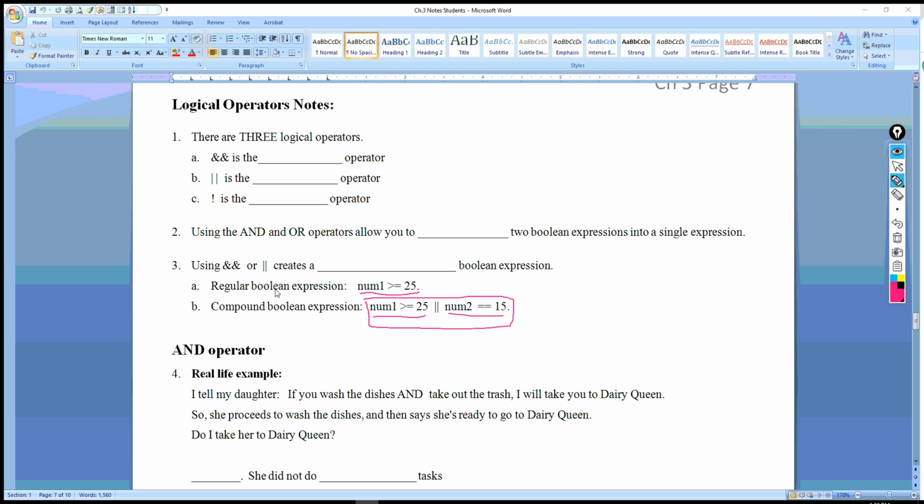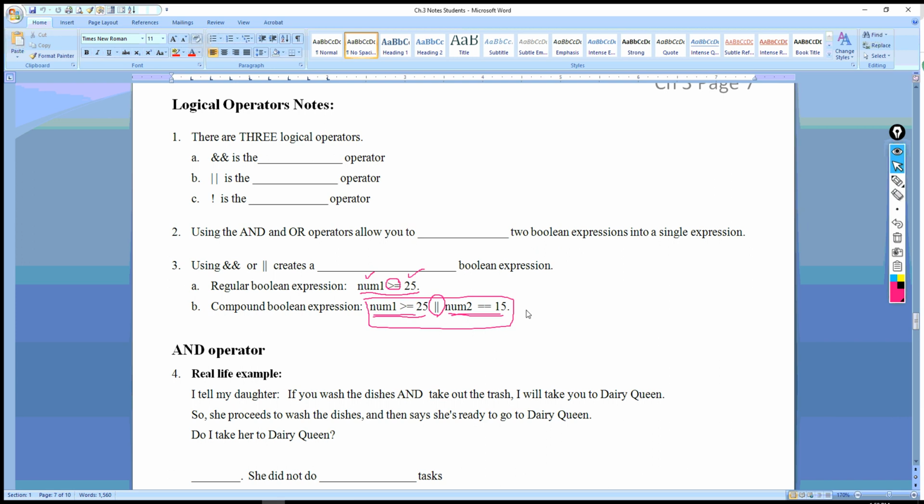As you notice, a regular Boolean expression has two operands with a comparison operator in between. And so you're going to have two Boolean expressions in here, and you're going to have one of the logical operators in between.